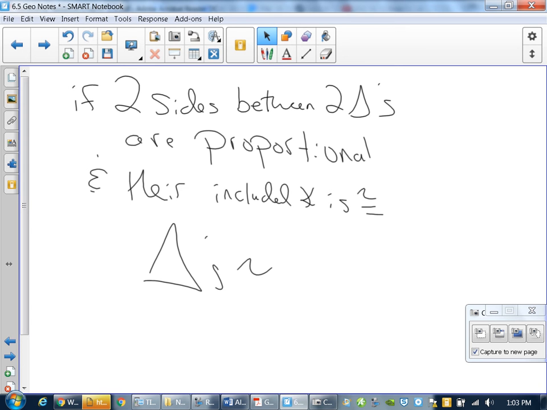If two sides between two triangles are proportional and their included angle is congruent, the triangles are similar. So if you've got two sets of corresponding proportional sides, the angle between those two sides, if those two angles are congruent, you wind up with a scenario that mirrors the idea of side angle side, but it's what we call a side angle side similarity. And it works itself out.